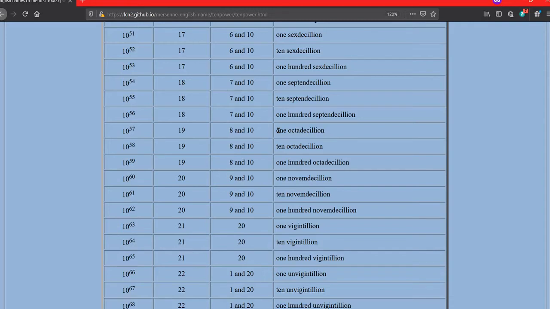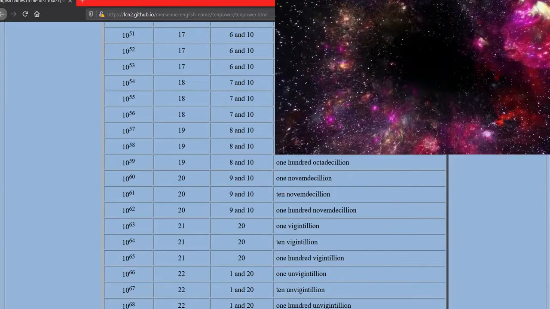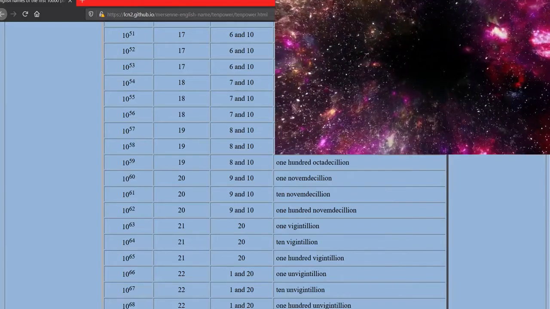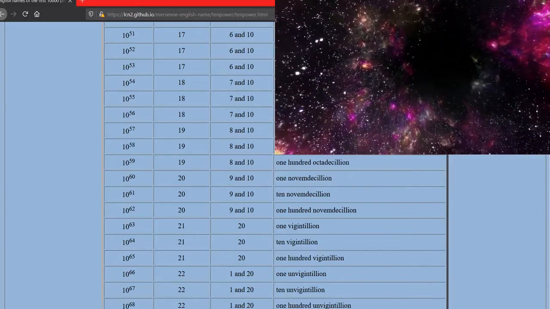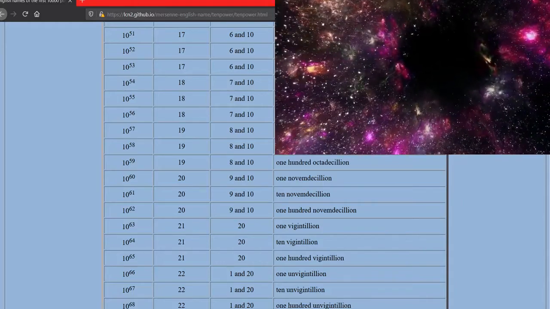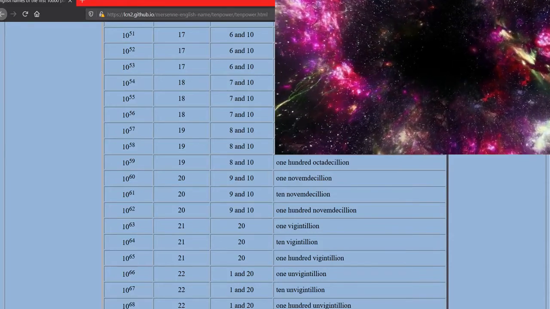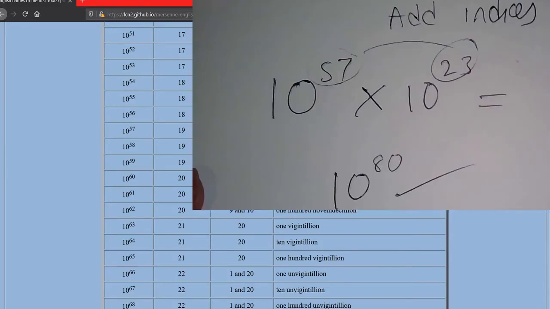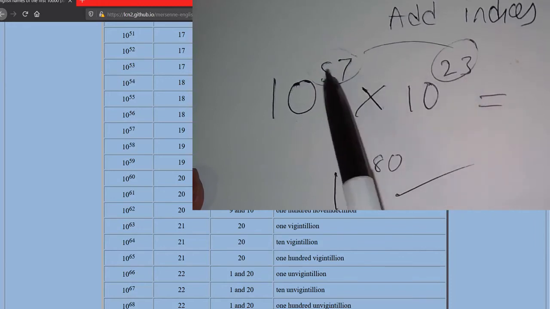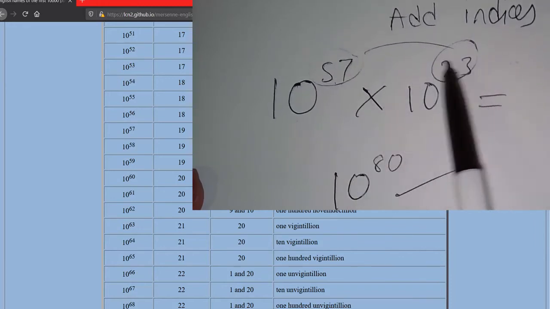Now, what if I was to ask you, how many atoms are there in all those stars that I've just mentioned? Not just one sun, not just one star. I'm talking about 10 to the power of 23 stars. Well, if you take the average star, like our sun, it's got 10 to the power of 57 atoms, multiplied by 10 to the power of 23, the number of stars in the universe.